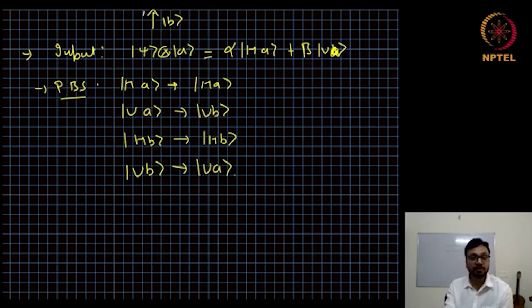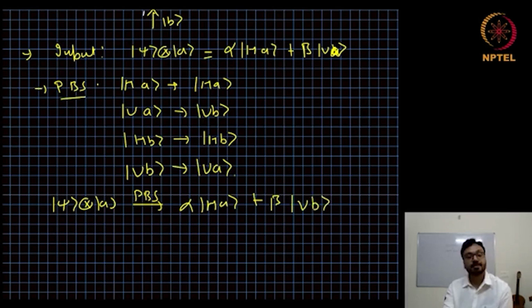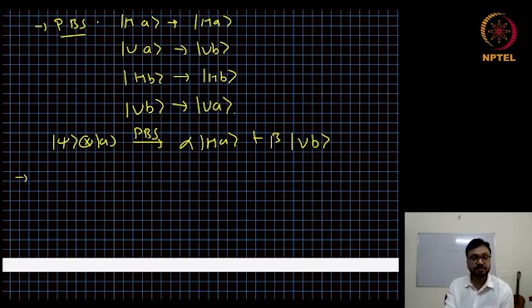Now, what is the action of the polarizing beam splitter on psi tensor A? So psi tensor A will go to alpha HA, remains HA, plus beta VA becomes VB.